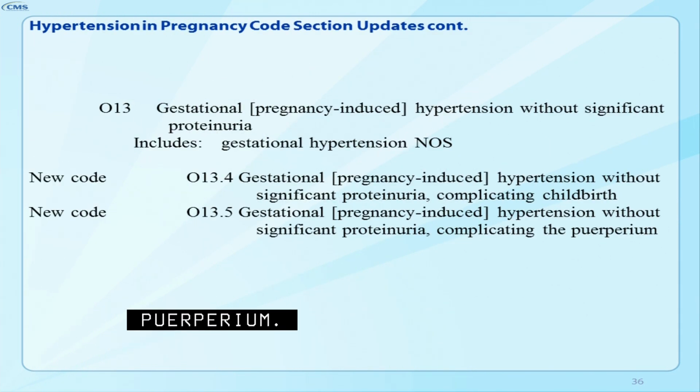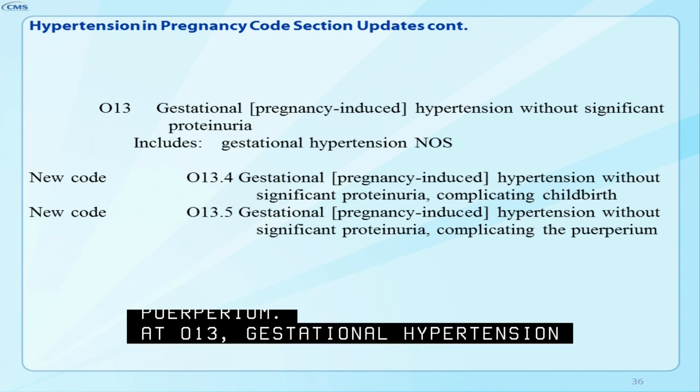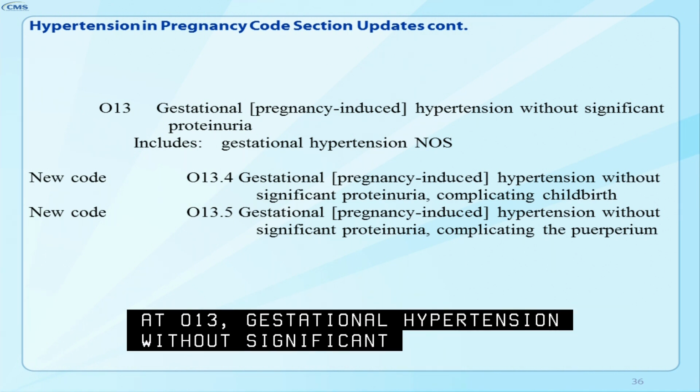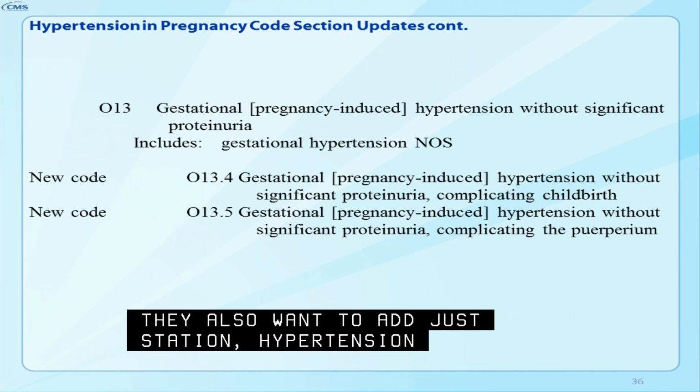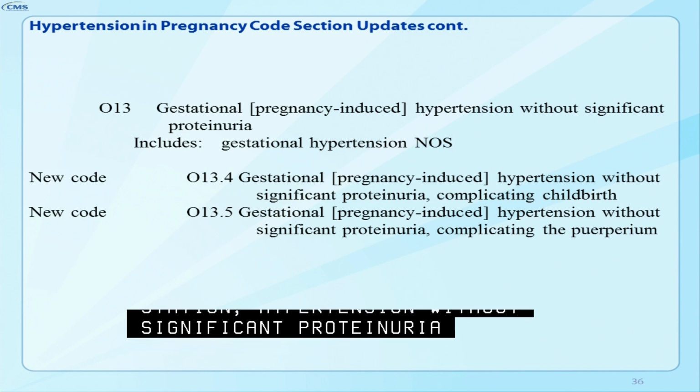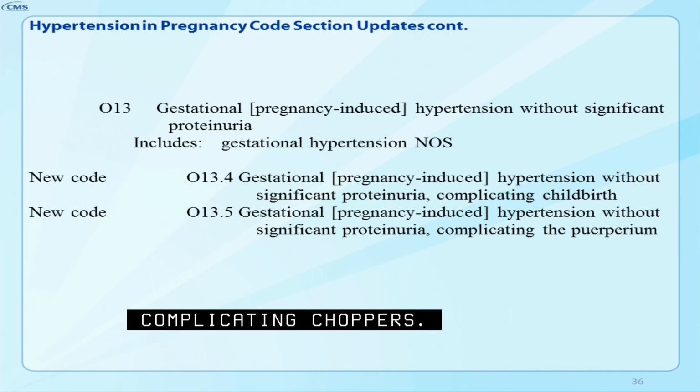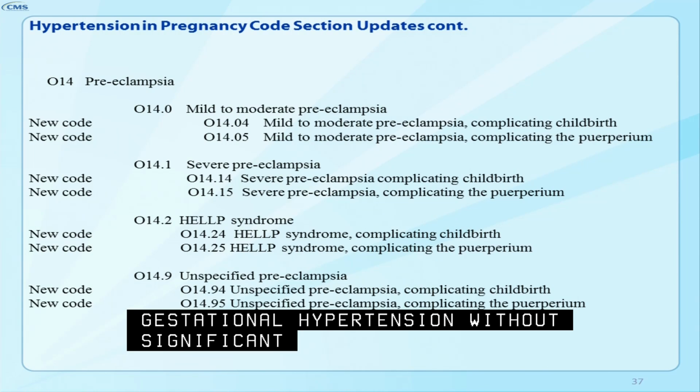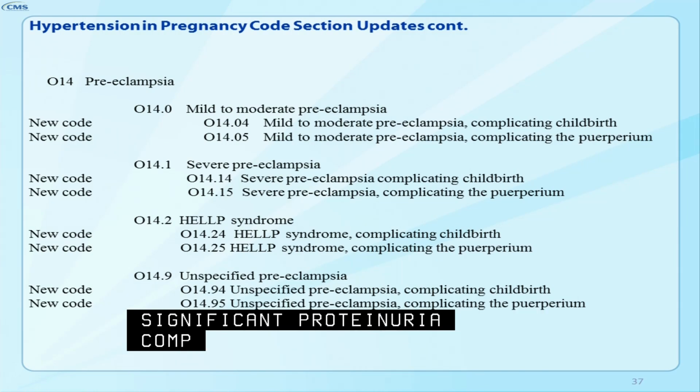At O13, gestational hypertension without significant proteinuria, they are also wanting to add O13.4, gestational hypertension without significant proteinuria complicating childbirth, O13.5, gestational hypertension without significant proteinuria complicating the puerperium, as well as O14, preeclampsia.